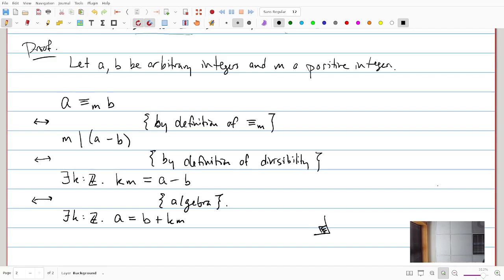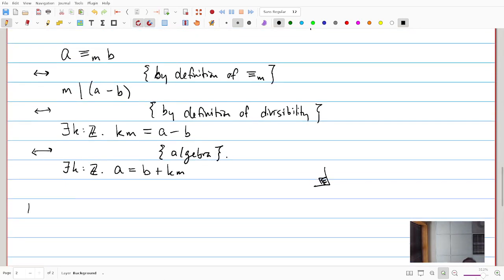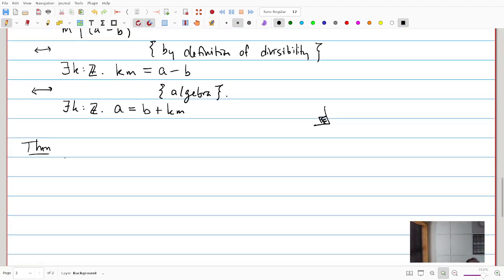Any other questions about this? Okay. Here's another thing that characterizes when things are equivalent modulo M. I'm not actually going to prove this one right now. I'm just going to state it. And this is what we originally thought of.